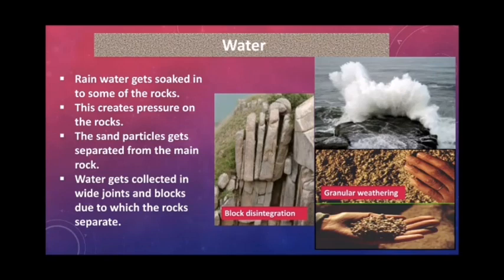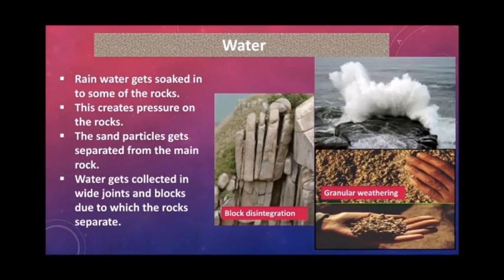Now we will do water. So some areas experience more rainfall than the others. In such areas, soaking of water in rocks also causes weathering of some rocks like sandstone and conglomerate.